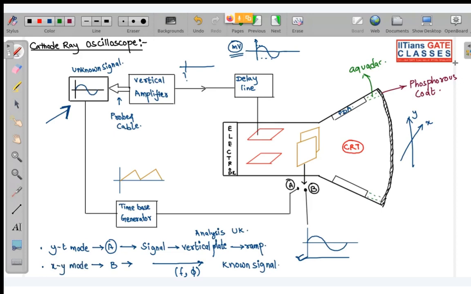Next point. Equivalent input circuit of CRO. So this we haven't discussed, but we are writing.